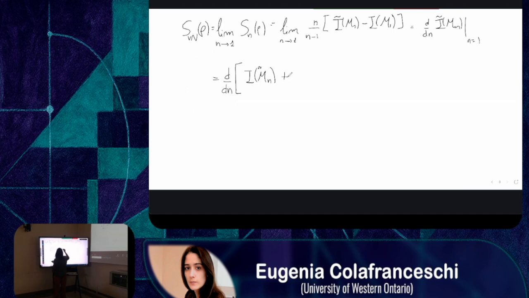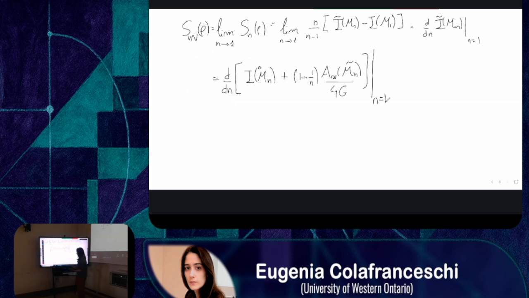This is this, and then 1 minus 1 over n, and then the area of the conical singularity over 4G, everything evaluated for n equals 1.